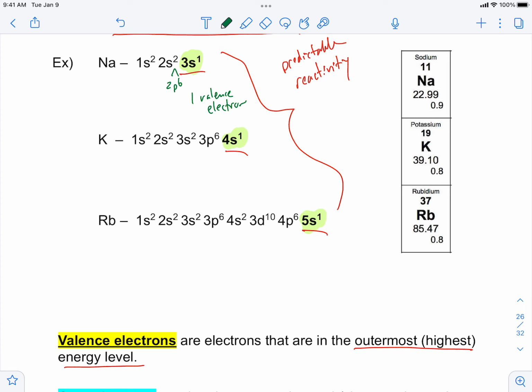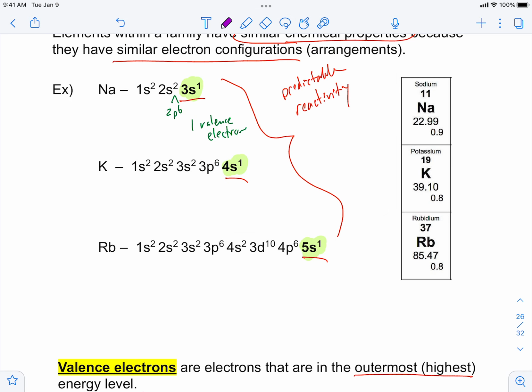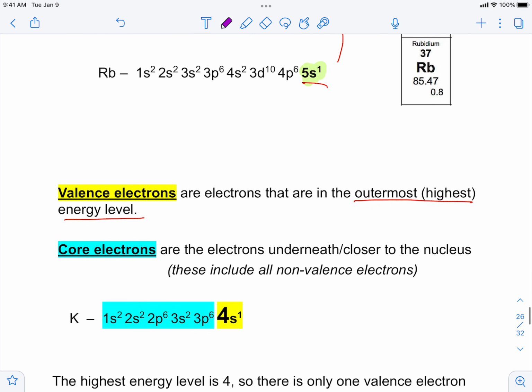If those are valence electrons, the other term for the electrons that are tucked away and not on the outside is what we call core electrons. These are electrons that are underneath and they're closer to the nucleus.